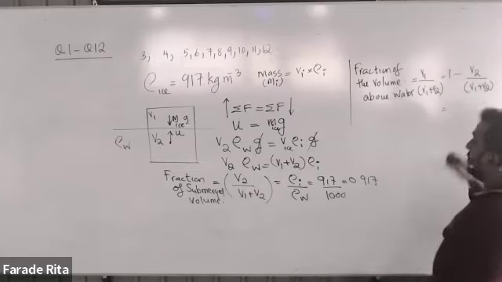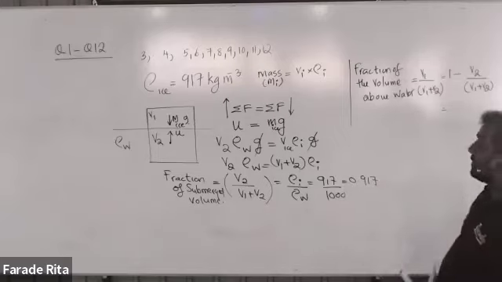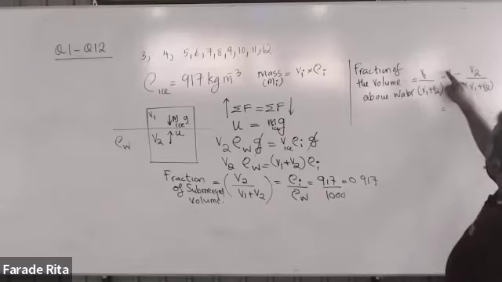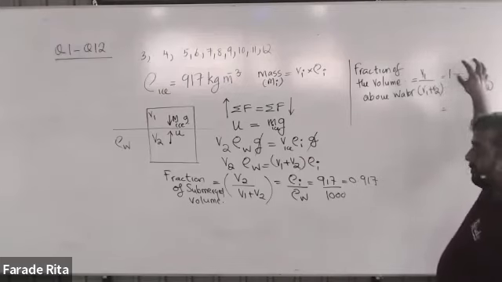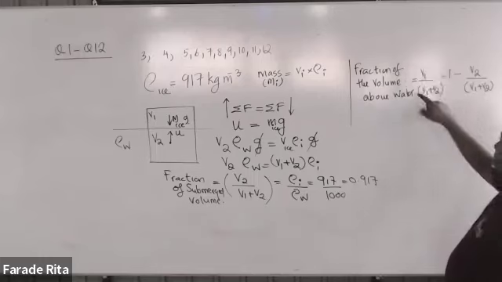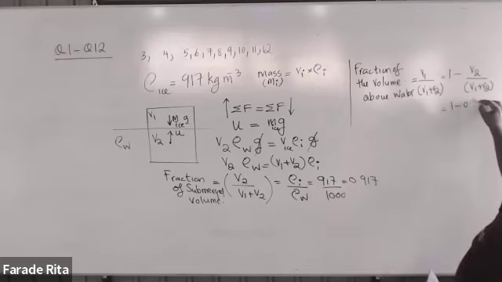If I cross multiply, V1 plus V2 minus V2, I get V1 over V1 plus V2. So 1 minus 0.917 is your answer, 0.083.